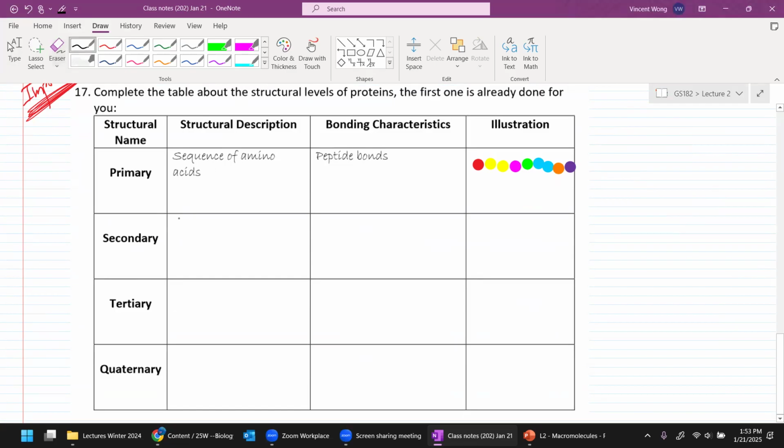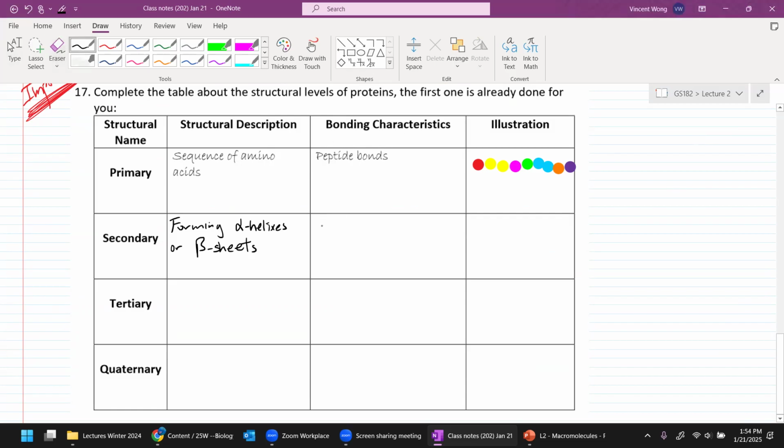Secondary structure description, it would be forming alpha helices, or beta sheets, right? Beta sheets. Some proteins are just alpha, others are just beta. Some are a combination of both.